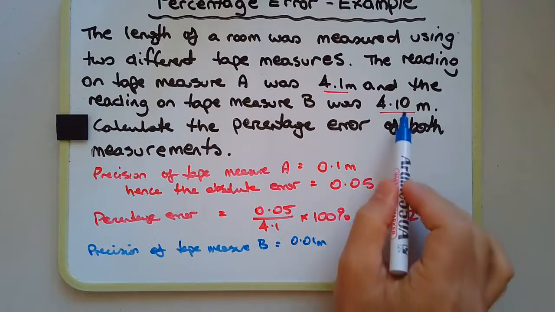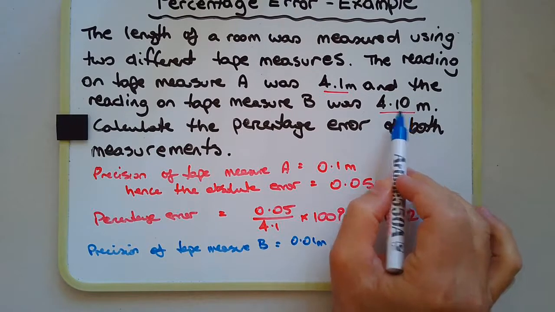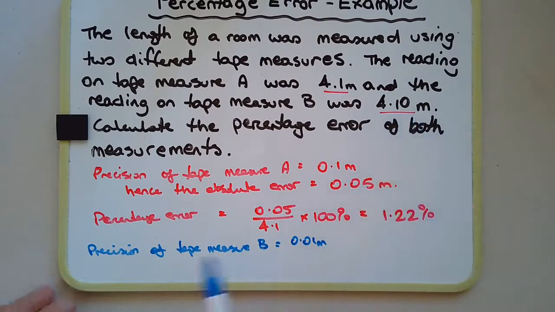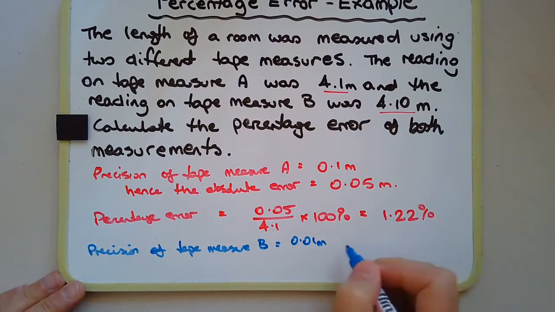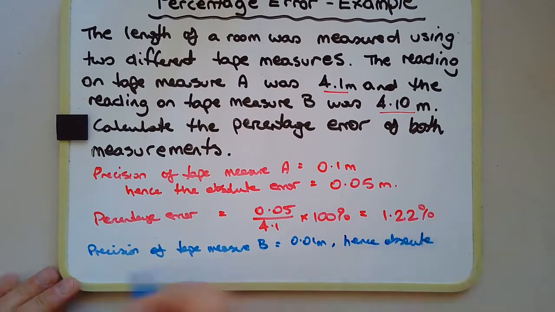There are 2 decimal places, so it looks like it could measure basically in hundredths of a meter, which is centimeters. So the absolute error is equal to half of the precision, so it's going to be 0.005 of a meter.